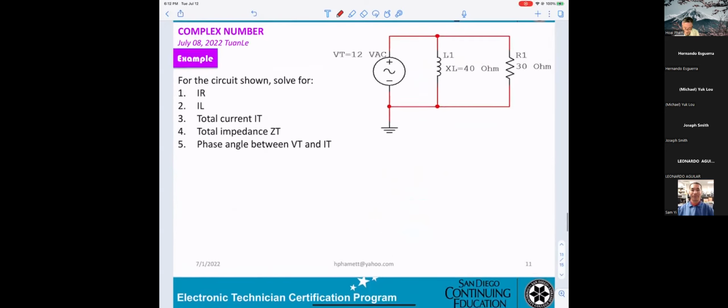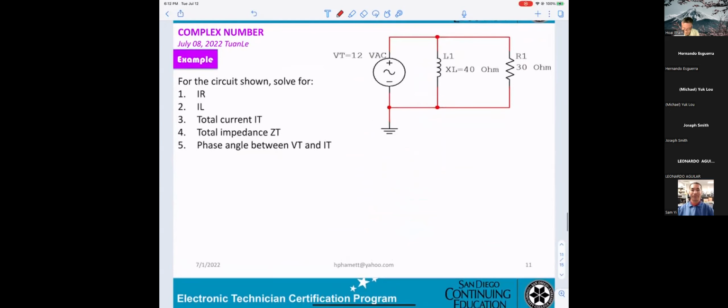Now, you do it for me. This circuitry, you already did it, but we want it done with complex numbers.